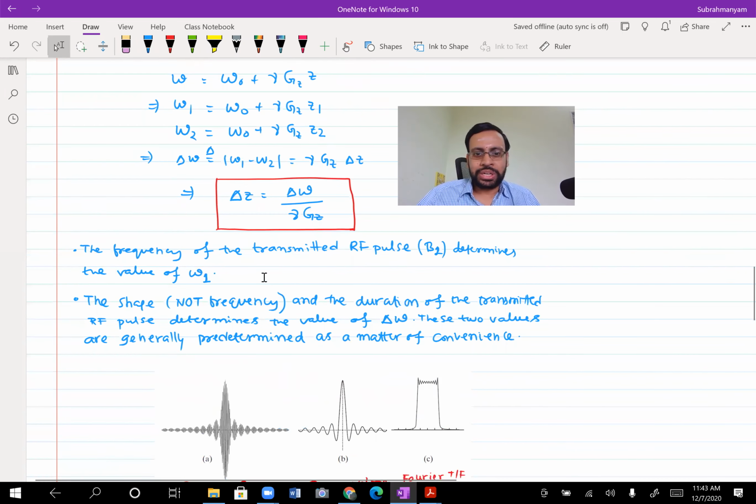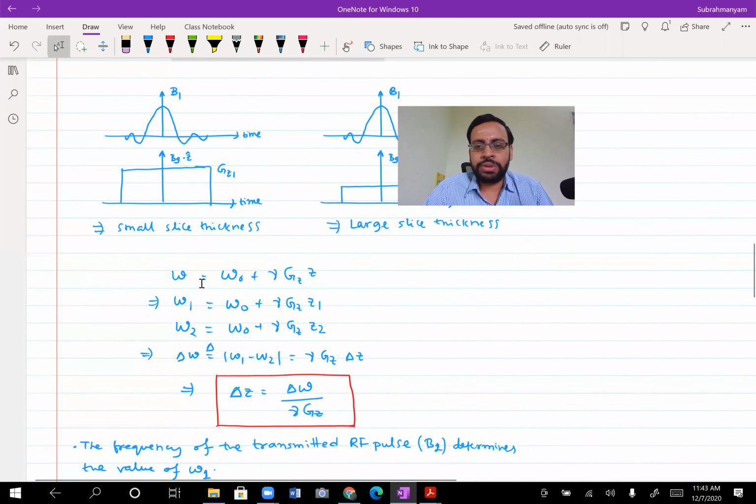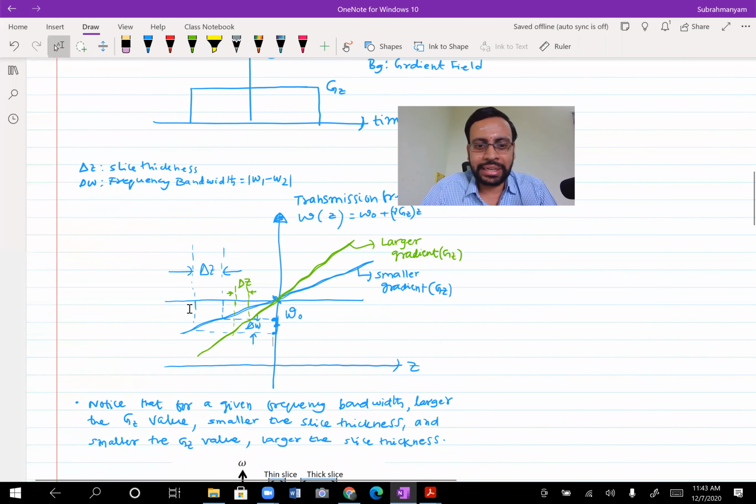Okay, so now two important additional clarifications or insights into this B1. The frequency of the transmitted RF pulse determines the value of omega 1. What we have seen here is that spatially different locations are resonating with different frequencies. I want the response from a particular location.